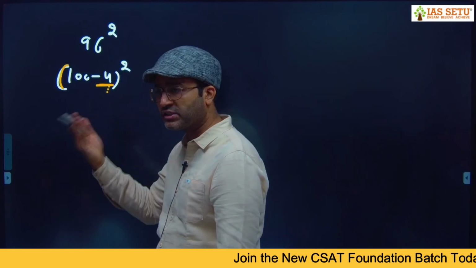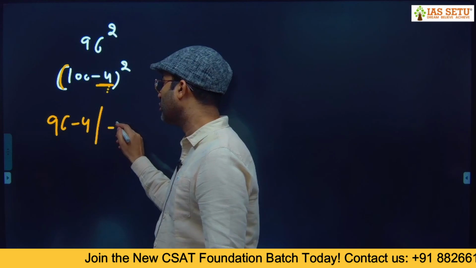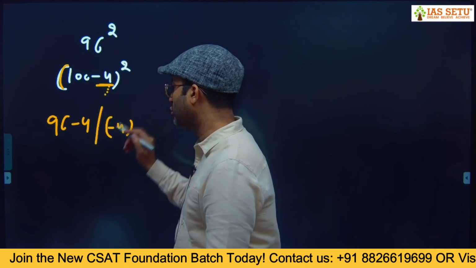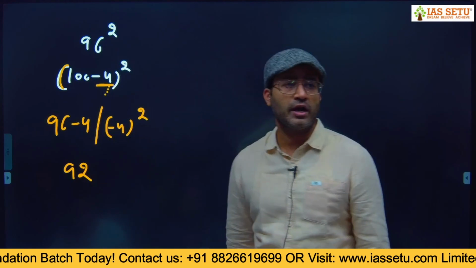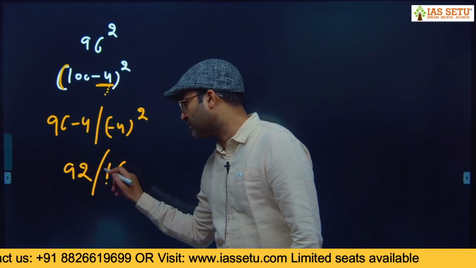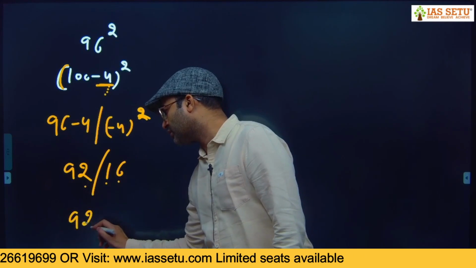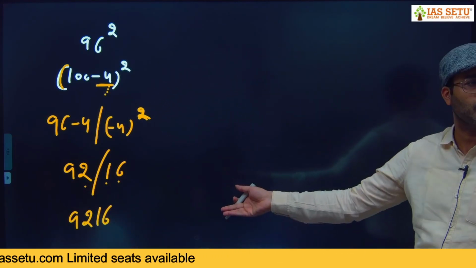If this is extra we will add, if less we will subtract. So 96 minus 4, right side value is minus 4 square. What is 96 minus 4? 92. And what is 4 square? 16. So here this is your unit place, 10 place, 100, 1000. So your answer is 9216. Here there will be minus, that's it.